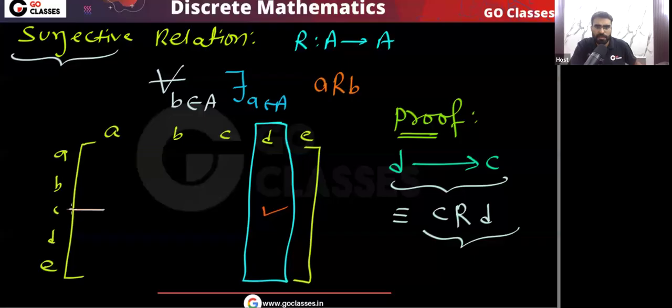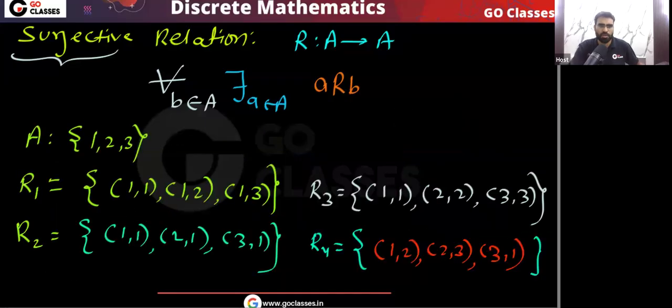So this is the proof that every column is going to have a tick mark. This is the definition of a surjective relation from the matrix representation point of view. Let's come back to this question: which of these relations are surjective? Now you tell me the answer.